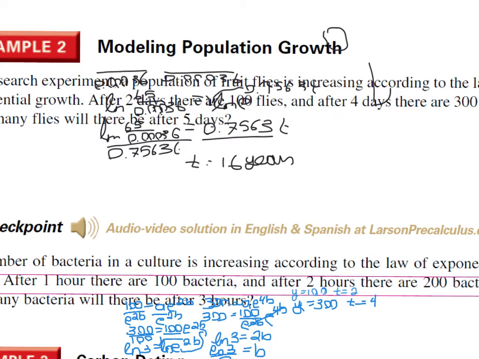Okay, so A, let's just solve this one here for A. So we know that A is equal to 100 over e to B. And we know B is the natural log of 3 over 2. So A is equal to 100 over e^(2 times the natural log of 3 over 2).